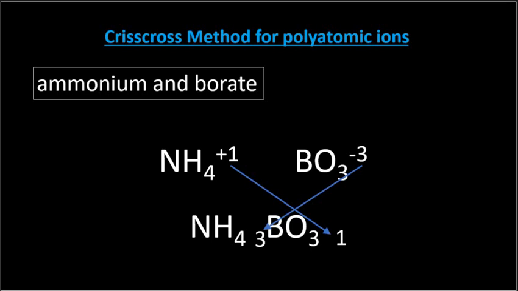You get rid of the 1, and you have this 3 in the middle that seems kind of lost, because you don't want NH43, you want 3 NH4s. So just like before, even though it's at the front, all you do is add the brackets, and your correct answer is parentheses, NH4, parentheses closed, with a 3, BO3.